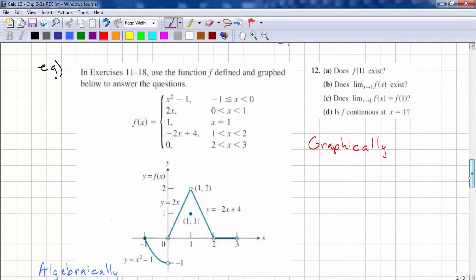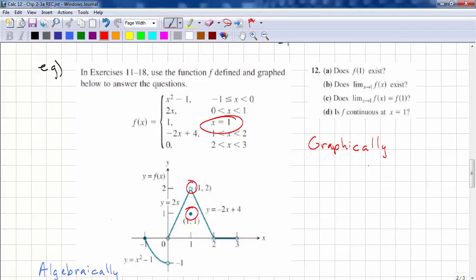Here's an exercise in your textbook, and let's go over some solutions. Note this particular point discontinuity is there. We have a circle here and a dot there. So we answer this graphically.